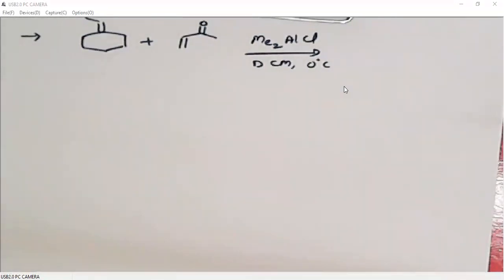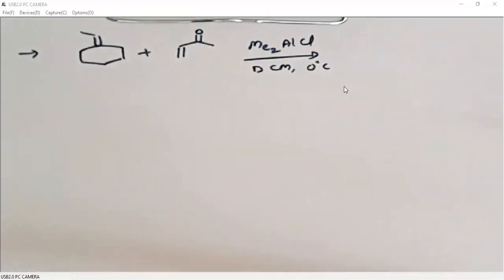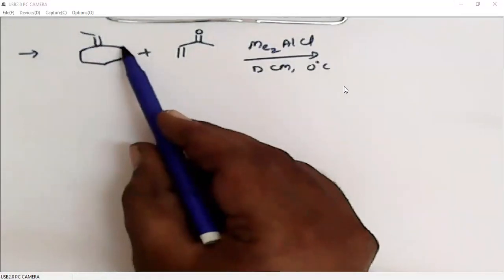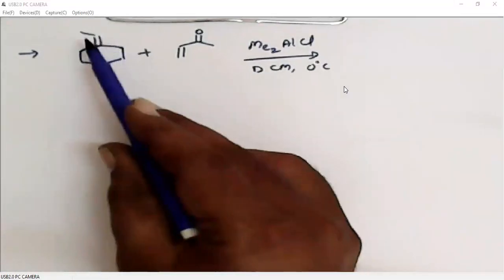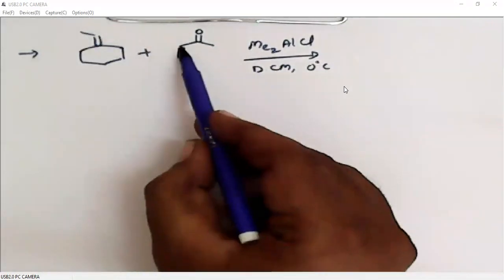So when you think that there is no other reaction, it could be an ene reaction. For an ene reaction, what do we need? We need an allylic system, this side or this side. Here also we have an allylic carbon with hydrogen. We have an alkene.